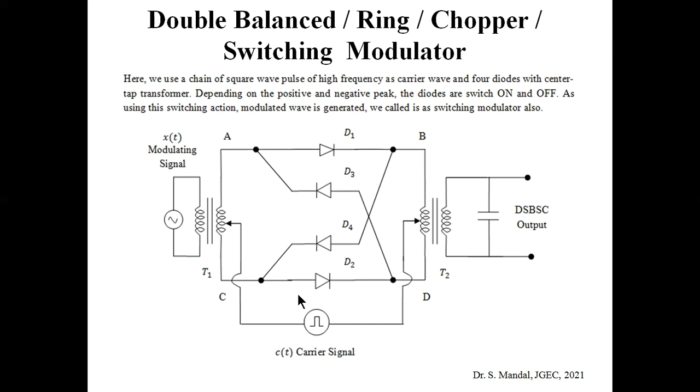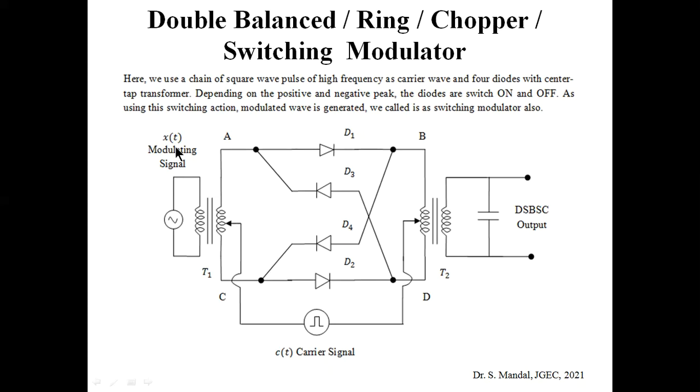Okay. So we use a chain of square wave pulses of high frequency as the carrier wave here, which is applied across both center taps of the transformers. You can see that this is the carrier signal which generates the square wave, and it is applied across the center tap of both transformers.